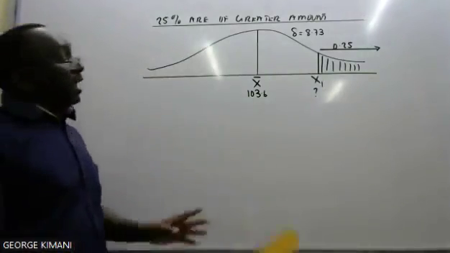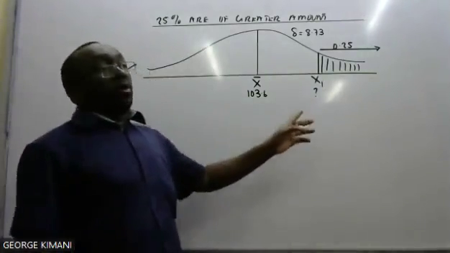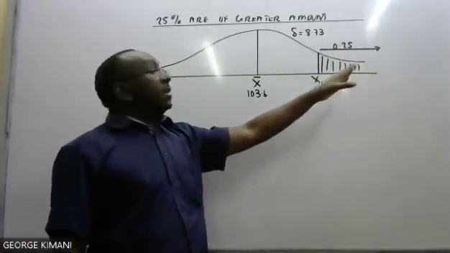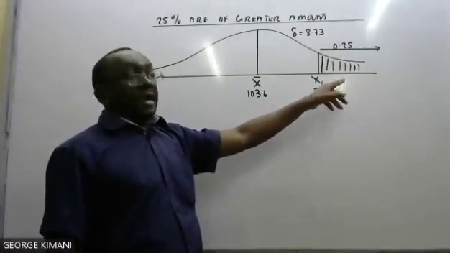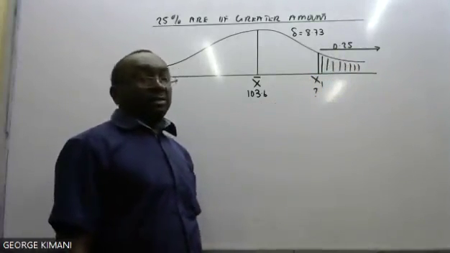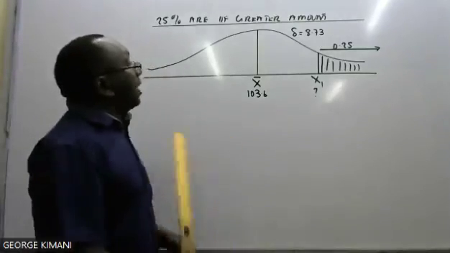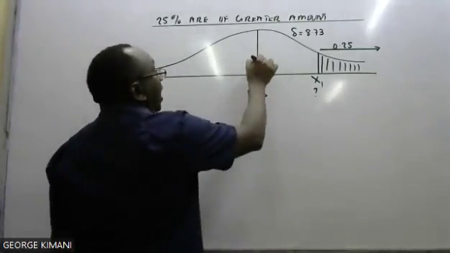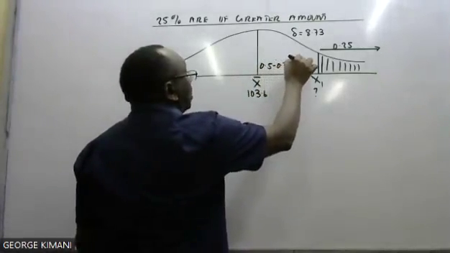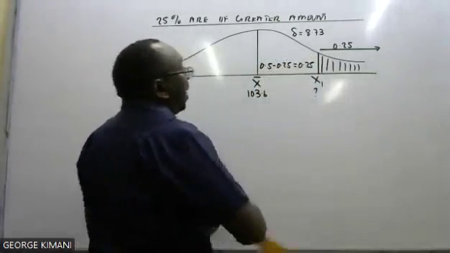But we know very well from other workings, when we were getting this probability here, we had said 0.5 minus something. So that something that was subtracted must now be obtained here as 0.5 minus 0.25, which is 0.25.